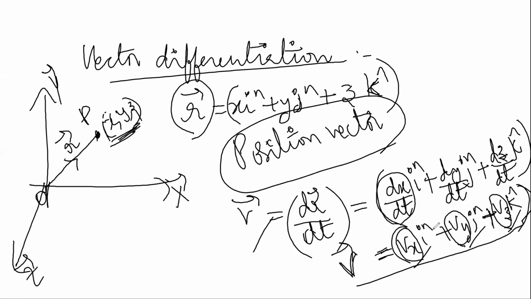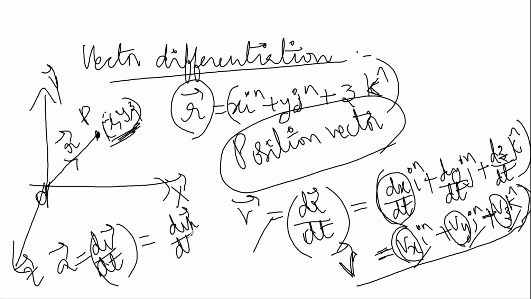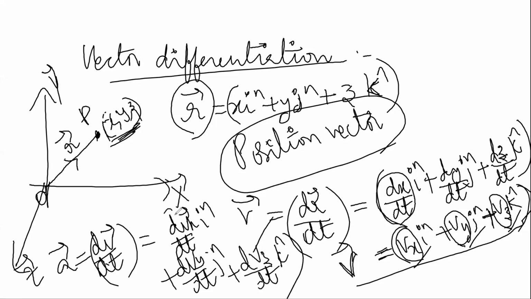Similarly, I can calculate acceleration. What is acceleration? Rate of change of velocity, that is dv by dt, that is dvx by dt i cap + dvy by dt j cap + dvz by dt k cap.